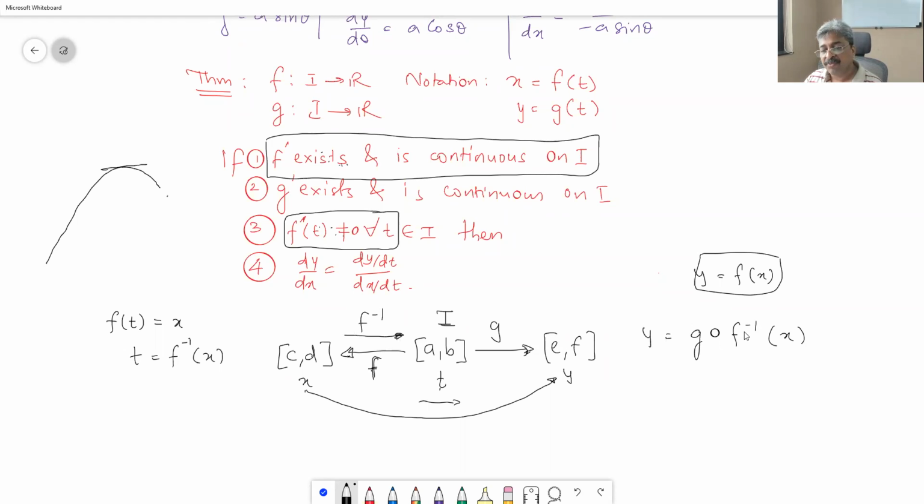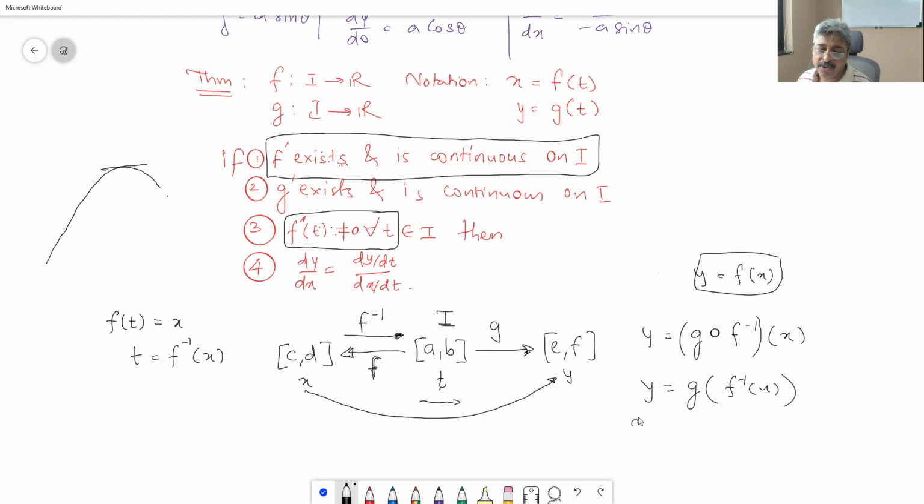y is g of f inverse of x, and therefore dy by dx is equal to, tell me what to do. g of f inverse is a function. So if I now write it in a different way, y is equal to g of f inverse of x.